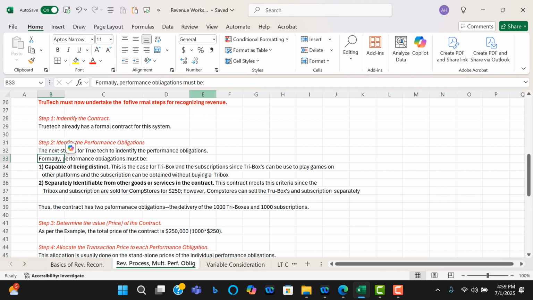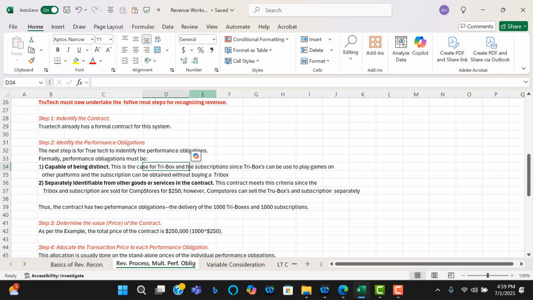But the 2 formal criteria for assessing whether something is a performance obligation or not is that, first of all, the activity, like the gaming system or the item that you're selling, has to be capable of being distinct, which basically says you must be able to identify it.